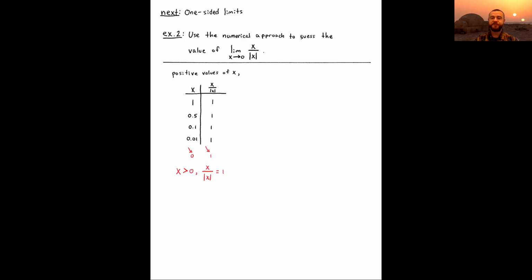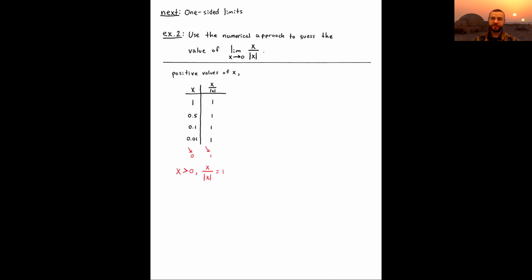A number divided by itself always cancels to 1. So not hard to see here. As x approaches 0 from positive values to the right of 0, it seems that the y or function values approach 1. In fact, they are always equal to 1. So you might guess here that the limit is positive 1.